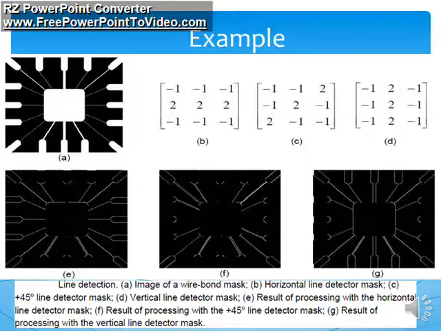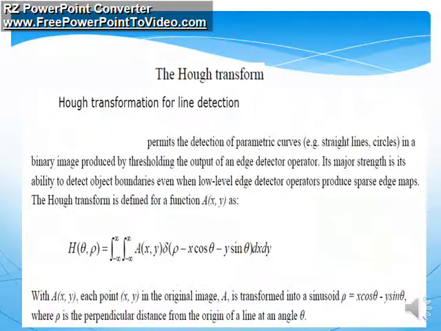Now we will move forward to the Hough transform. The Hough transform is also used for line detection. It permits the detection of parametric curves, that is straight lines or circles, in a binary image produced by thresholding the output of an edge detector operator.